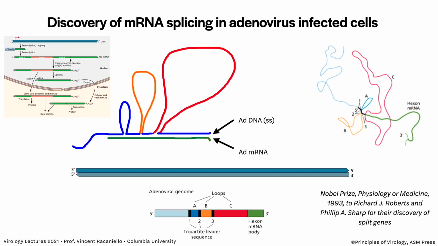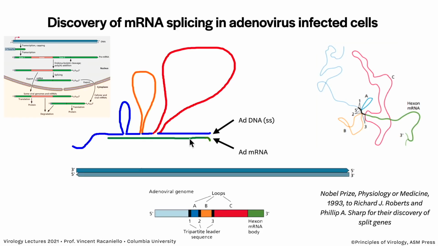And this was discovered originally in adenovirus-infected cells, where they found that the RNAs, the pre-mRNAs made in the nucleus, were always longer than the final mRNAs in the cytoplasm. And so a number of groups, Richard Roberts and Phil Sharp, separate groups, Roberts at Cold Spring Harbor and Phil Sharp at MIT, did an experiment where they took the final mRNA in the cytoplasm, the adenovirus mRNA, which was encoding the hexon protein.